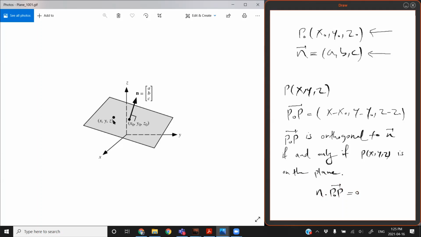Now, if I expand this, I get A, B, C dot product X minus X0, Y minus Y0, Z minus Z0 is 0.